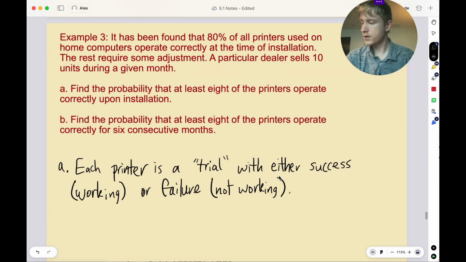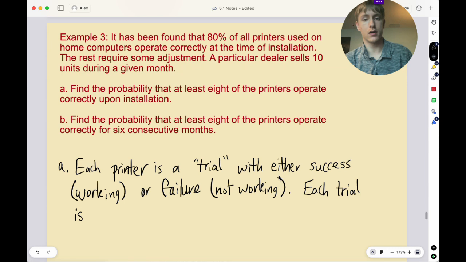Okay? Each trial is what? Well, each trial is independent of each other, relatively speaking. I mean, if you look at a printer and it works or it doesn't work, that's not going to influence whether or not the next printer works or doesn't work. Okay, so we can say that each trial is independent.